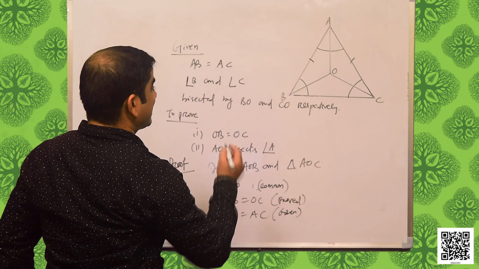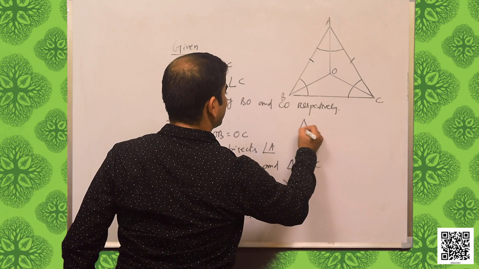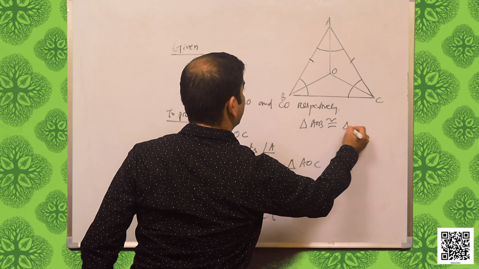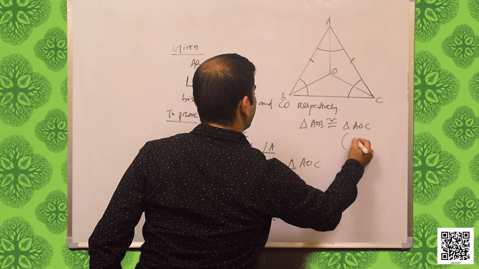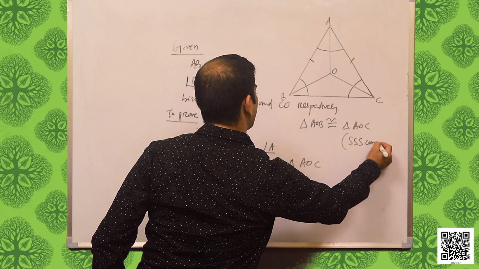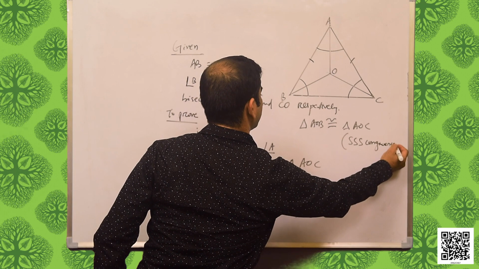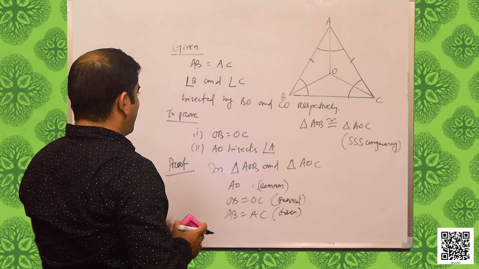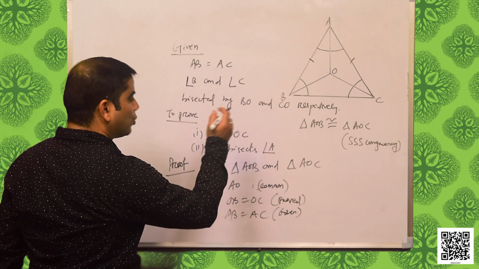So hence triangle AOB is congruent to triangle AOC by SSS congruency. Fine. So we have proved that OB is equal to OC.